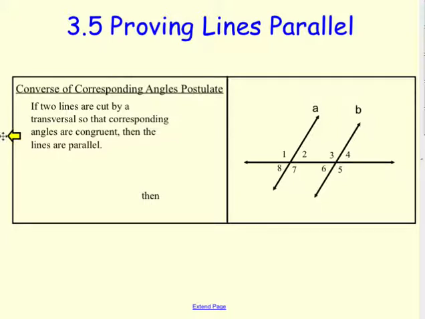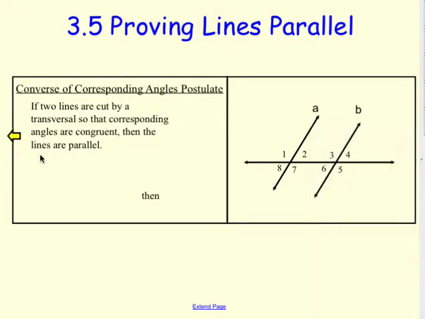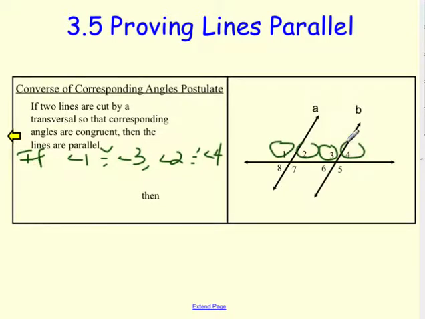So, for example, let's write out some statements of what that would look like. If angle 1 is congruent to angle 3, or angle 2 is congruent to angle 4, remember corresponding angles are sitting on the same side of the transversal. So, upper left for 1 and 3, upper right for 2 and 4.